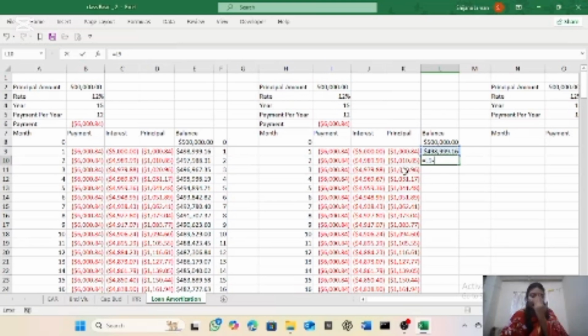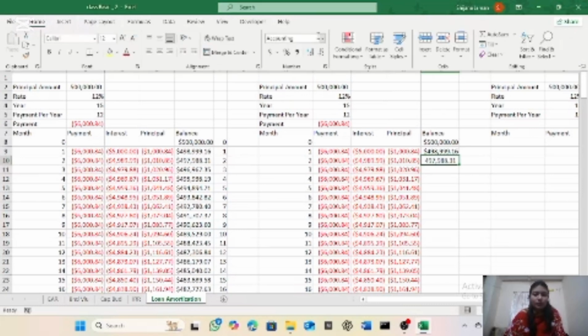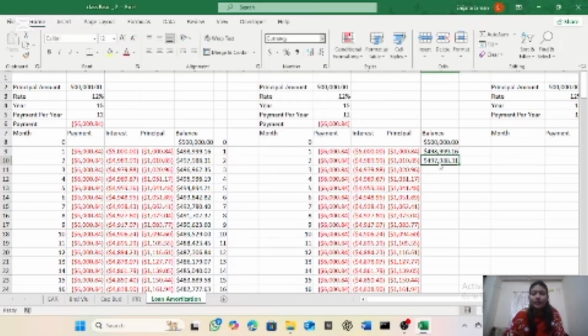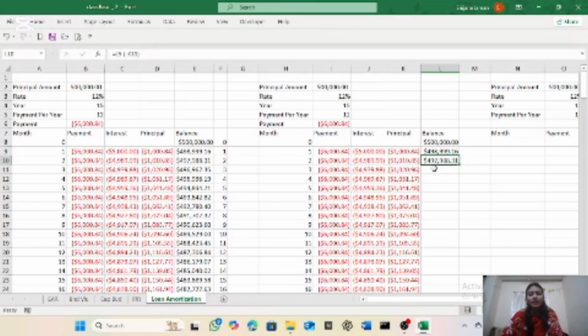Our second month's principal amount is already a negative figure, so we have to add another minus. Press the second month's principal amount, press enter. Now we have to convert it into currency. Yeah, this is our second month's ending balance, and it would be our third month's beginning balance.